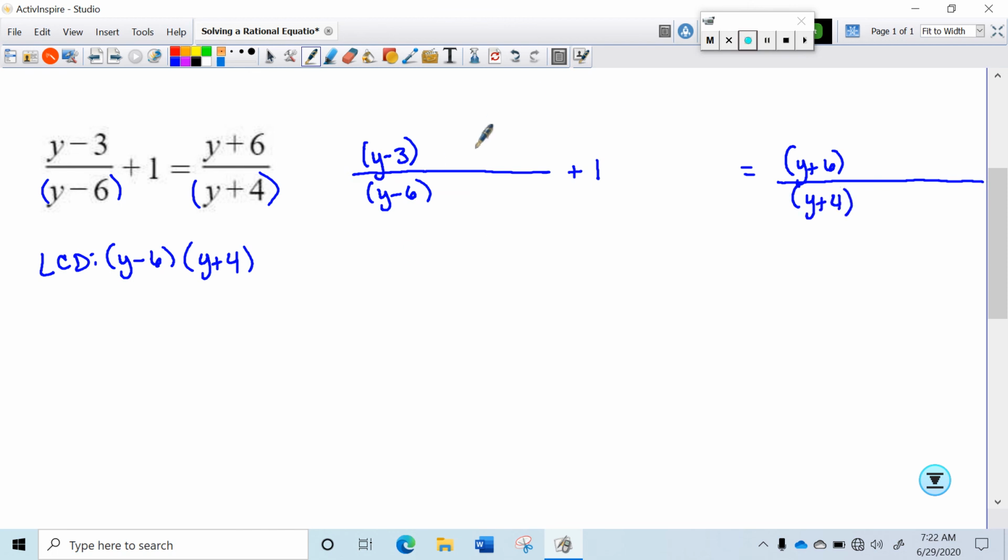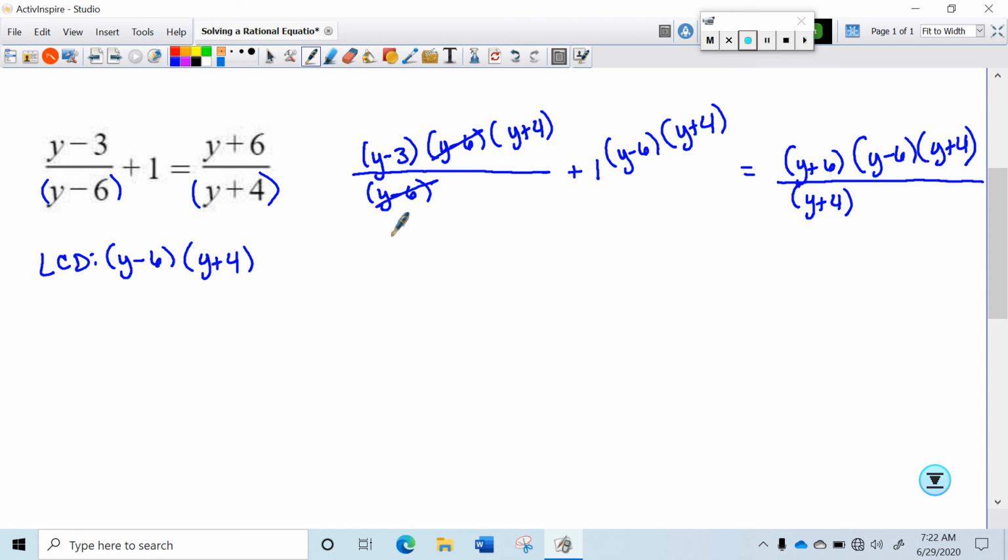Put your LCD with each term. So y minus 6 times y plus 4, y minus 6 times y plus 4, y minus 6 times y plus 4.